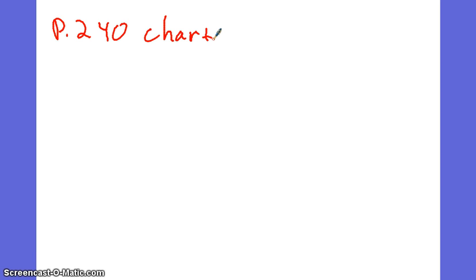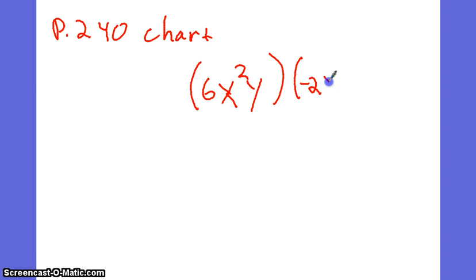Now, back in lesson 31, we added and subtracted terms. In this lesson, we're going to multiply and divide terms. So let's do something a little bit different. 6x squared y times negative 2xyz. A lot of stuff going on there. Okay, we can do a lot of stuff to yield an answer for this one.